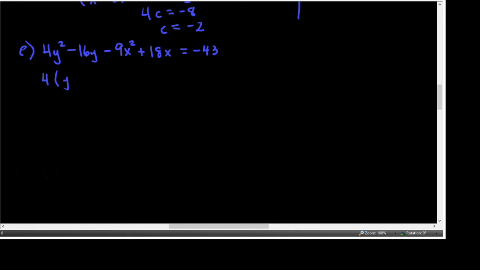So I need to factor off the 4 so that the coefficient of the squared variable is 1 inside the parentheses. Leave space for a number. Coefficient of x squared needs to be factored off, so factoring off negative 9. Be very careful here. That leaves minus 2x.